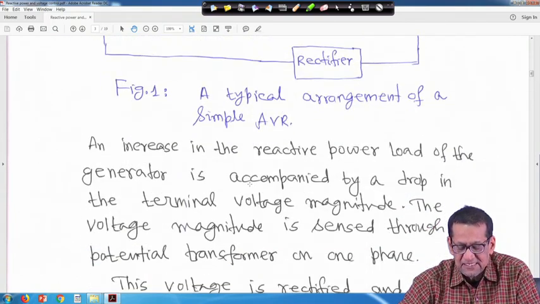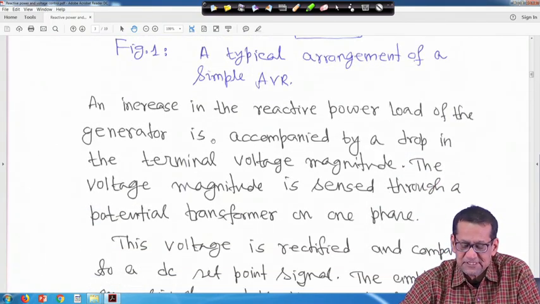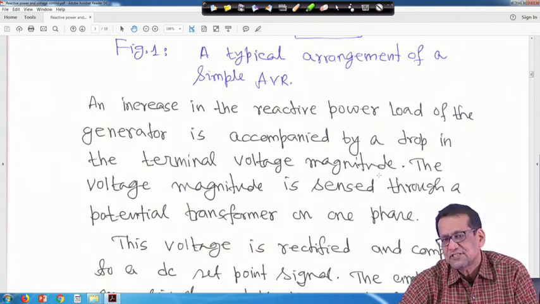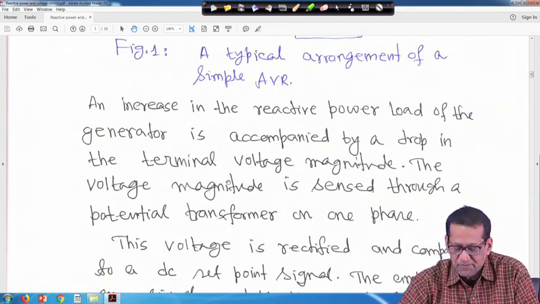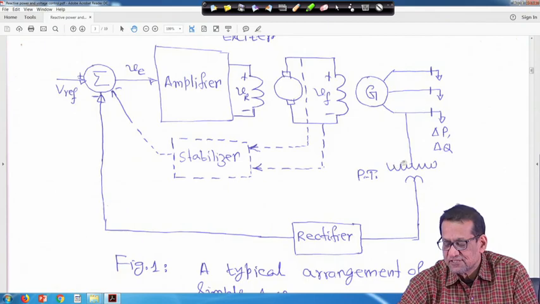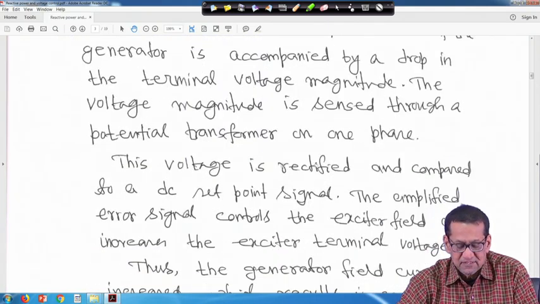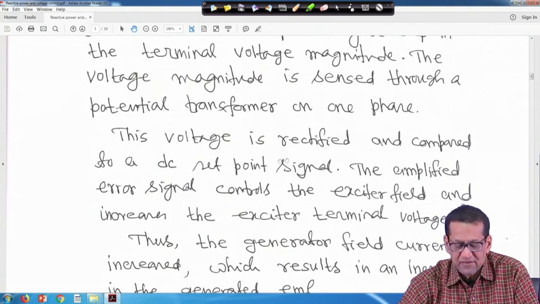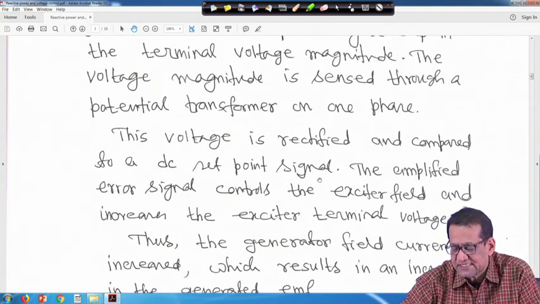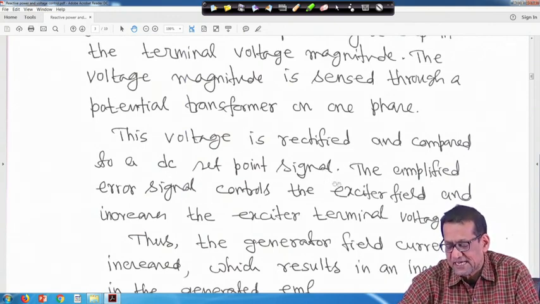An increase in the reactive power load of the generator is accompanied by a drop in the terminal voltage magnitude. The voltage magnitude is sensed through a potential transformer on one phase. This voltage is rectified and compared to a DC set point signal, which is why the rectifier is there.